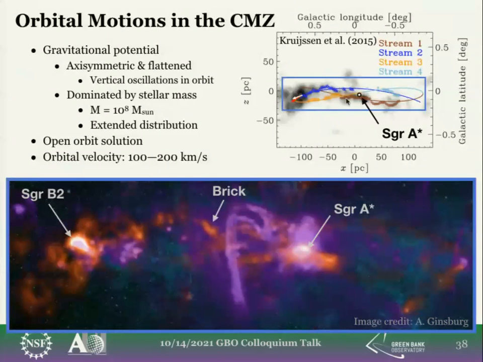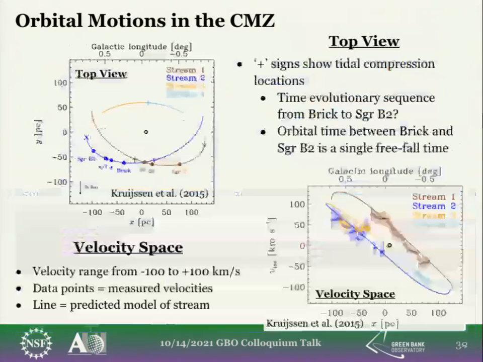So you can see that it's really dominated by the stellar mass in this region, and the stellar mass is extended across the galactic center. So their orbital solution is an open orbit with an orbital velocity that ranges between about 100 to 200 kilometers per second, depending on where you are and your distance to Sagittarius A*.